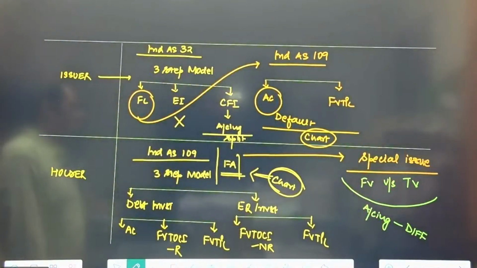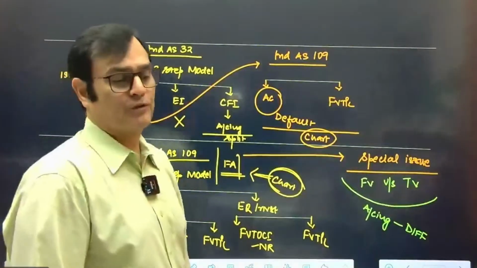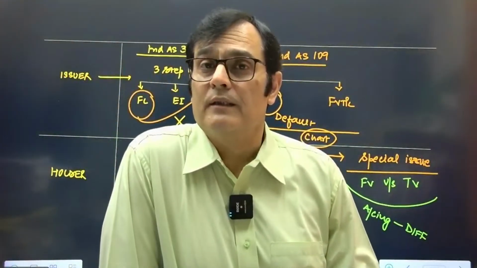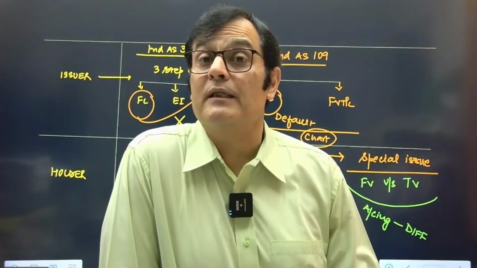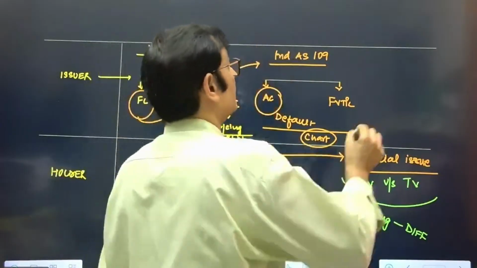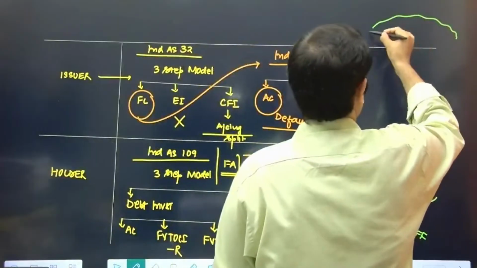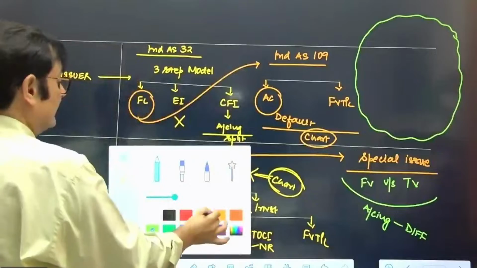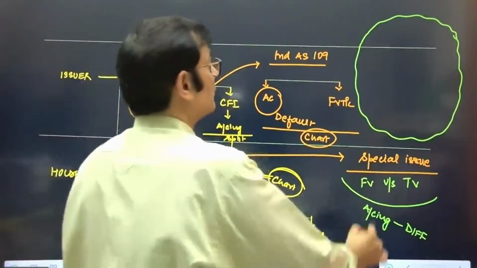Do you think the standard ends at this particular stage? Of course not. What goes further are certain special agendas. After this area gets over, we have other areas of discussion on Ind AS 109.